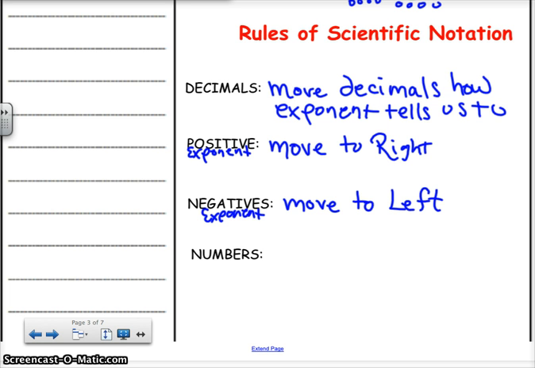And then I have this thing called numbers. The number is just what's before the decimal. What I want you to write for numbers is one digit or number to the left of the decimal.